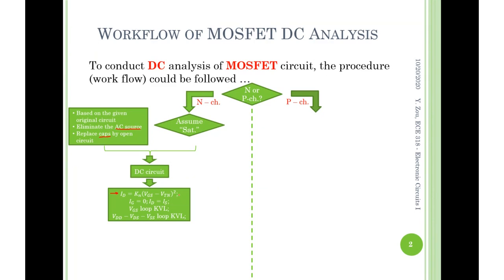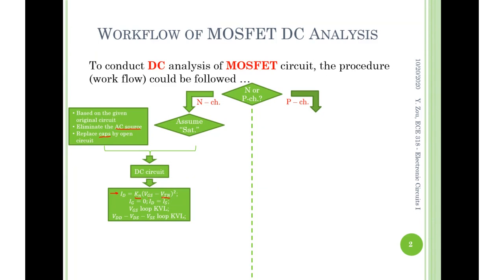It includes a parameter k sub n, which is going to be given, and one unknown, which is one of the voltages we need to find, VGS minus VTN. VTN is the threshold voltage of the N-channel MOSFET, right? So VTN is going to be given too. So Kn and VTN are given.